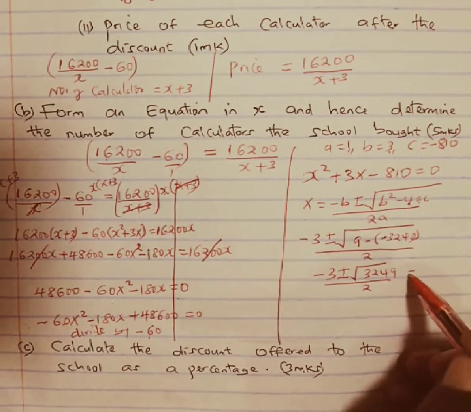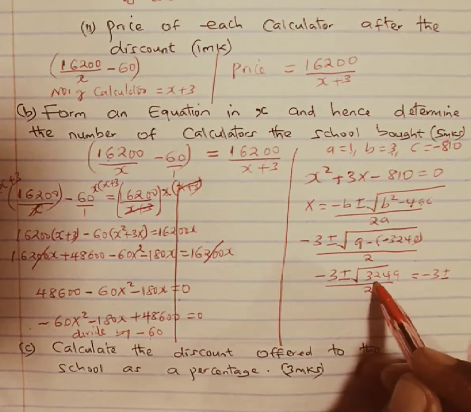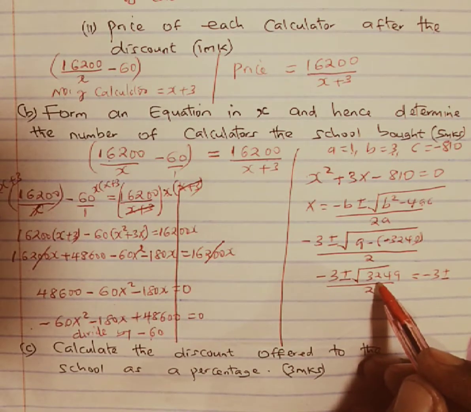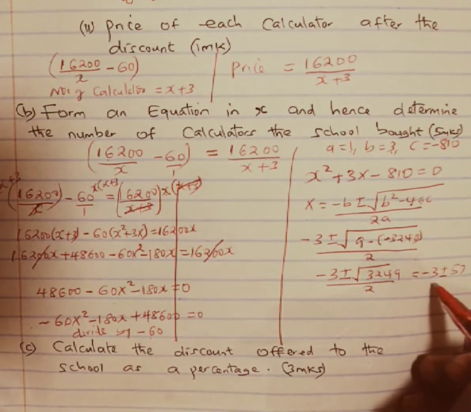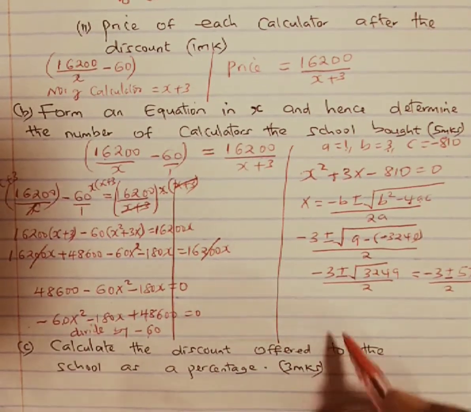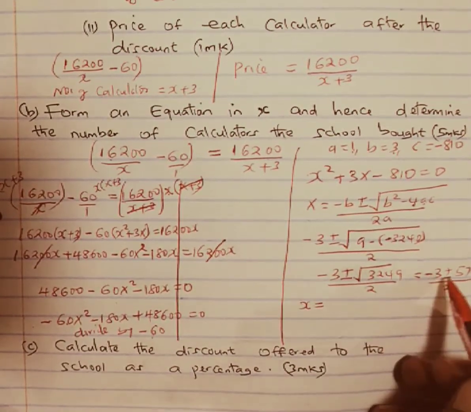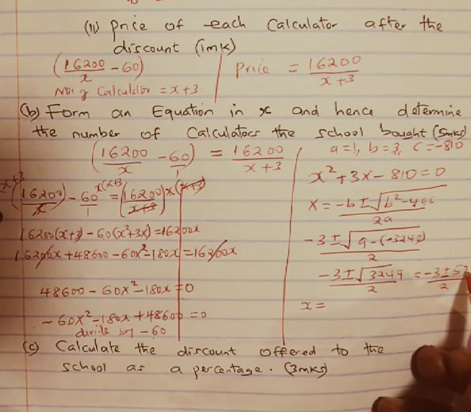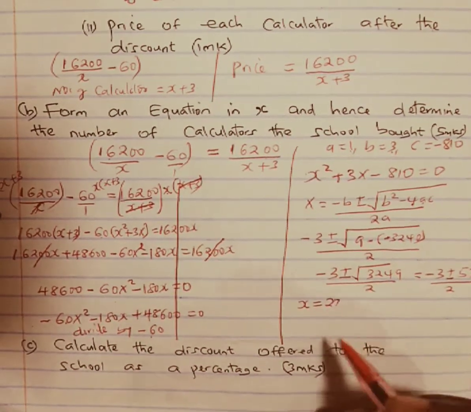And this one is going to be equal to minus 3 plus or minus the square root of 3249, which will be 57, everything divided by 2. So from here we know the first value of X will be equal to negative 3 plus 57, which will give us 54 divided by 2, which is 27.